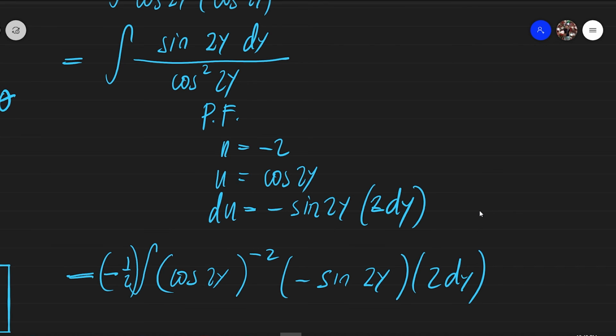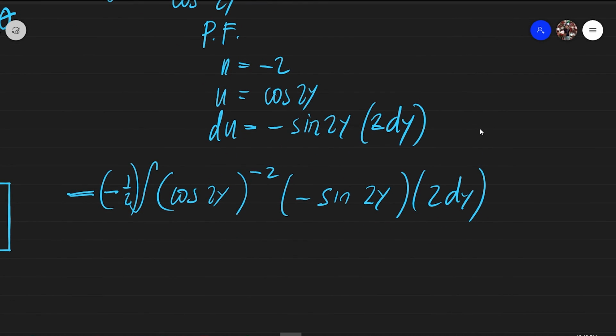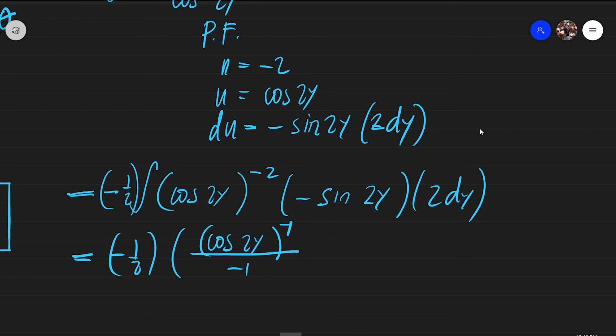And we will apply the right side of the power formula. So this is equal to your negative 1/2 and u raised to n plus 1 over n plus 1. So your u is cosine 2y, raised to n plus 1. Negative 2 plus 1 is negative 1, so negative 1 over negative 1.